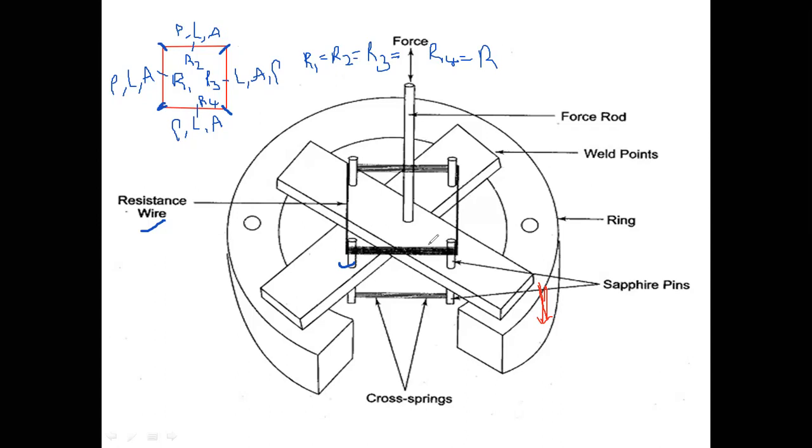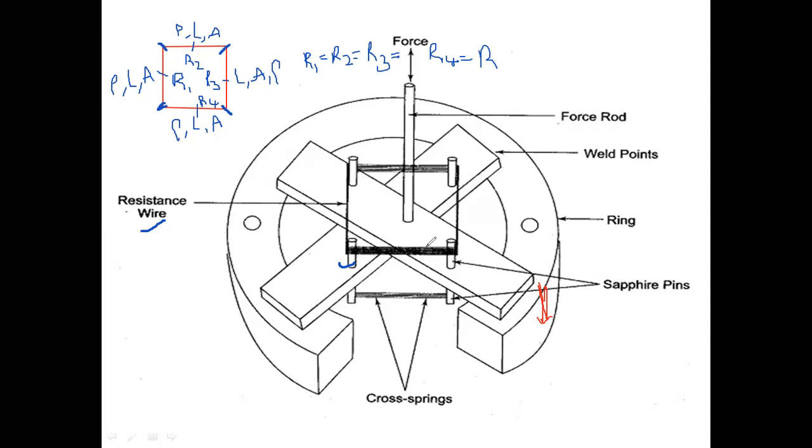Okay. Since the bridge is balanced, I will get 0 as output. I don't get any output.